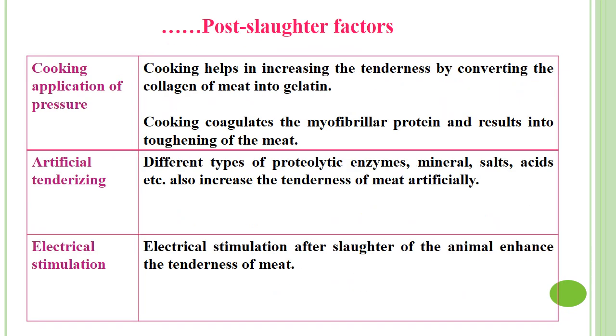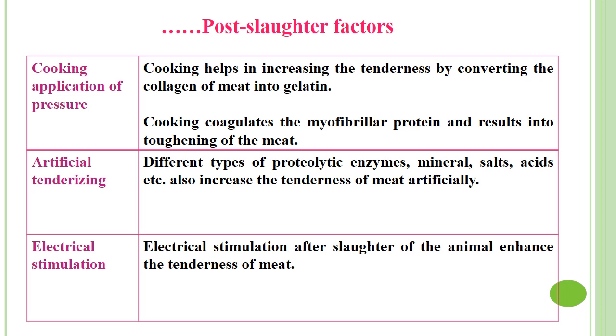In continuation about post-slaughter factors on tenderness, cooking is very important. Cooking helps in increasing the tenderness in general by converting the collagen of meat into gelatin. I have mentioned earlier, the connective tissue, mainly the collagen, remains in the muscle in 3 layers. During cooking they get converted easily into gelatin, but in case of meat from an older animal, it won't get easily converted to gelatin.